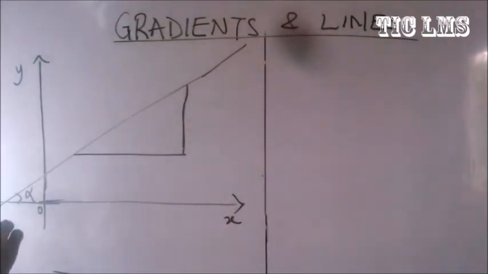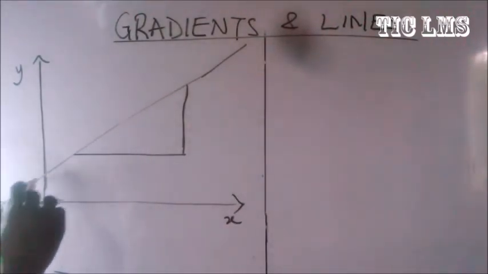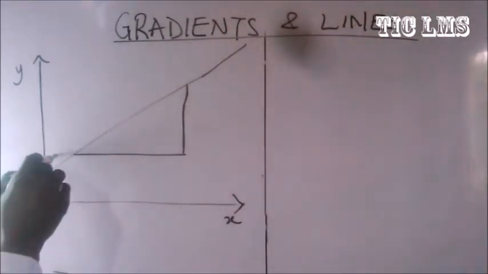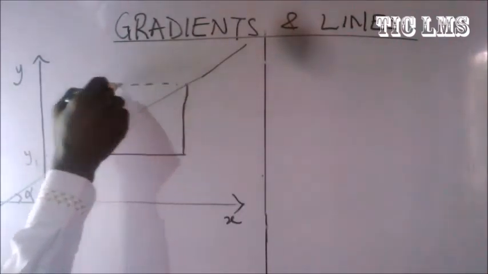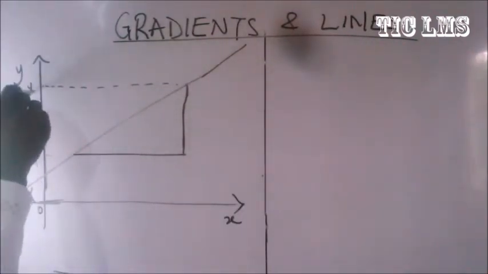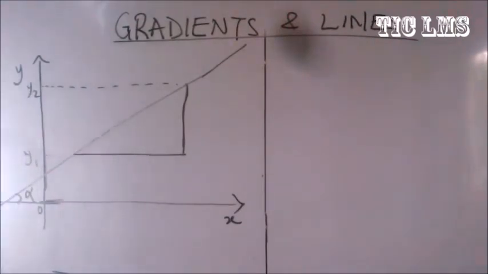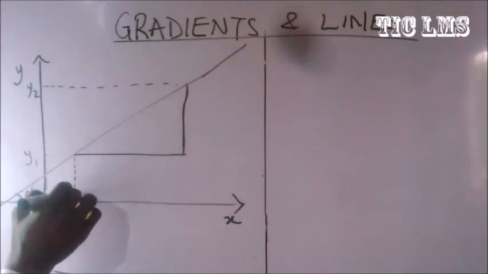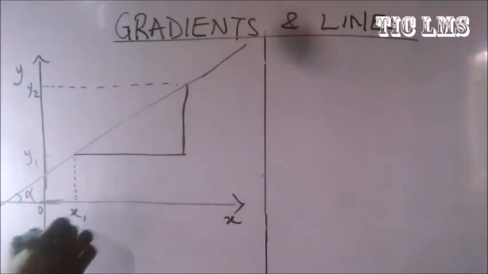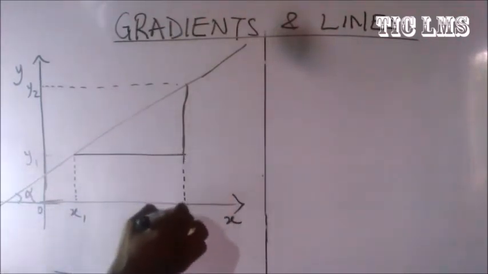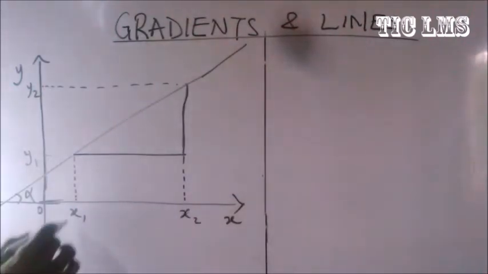Now this line proceeds in this direction, meaning that if here represents y1 and over here it represents y2, that means there's an increase from y1 to y2. And then when we trace this down here, we have this as x1, and when we trace this down here, we have our x2, meaning that there's an increase from x1 to x2.